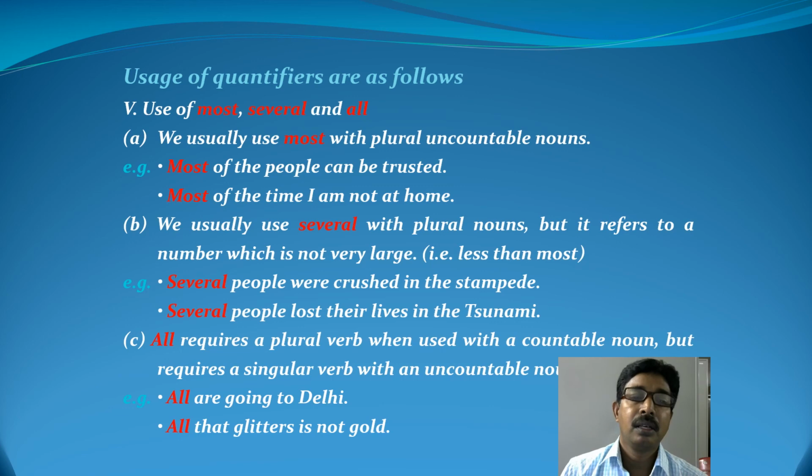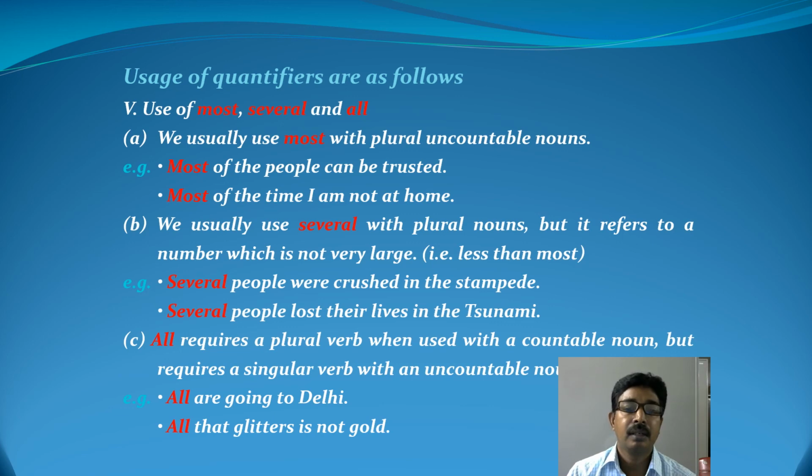And we usually use several with plural nouns, but it refers to a number which is not very large, that is less than most. Example, several people were crushed in the stampede. Another example, several people lost their lives in the tsunami.